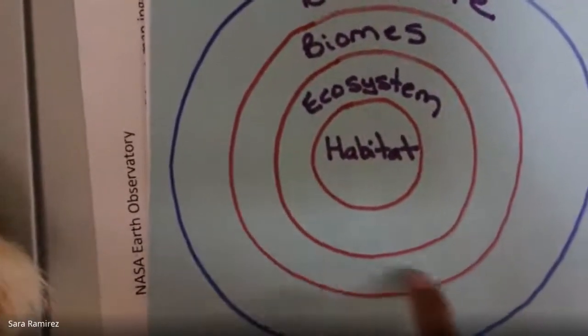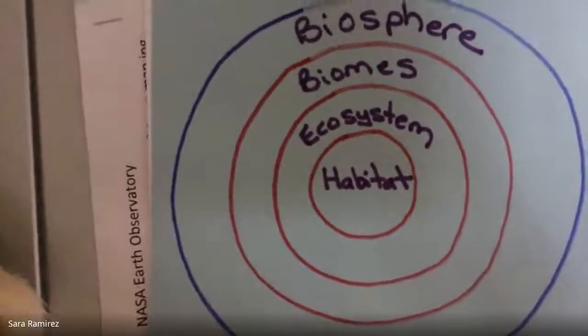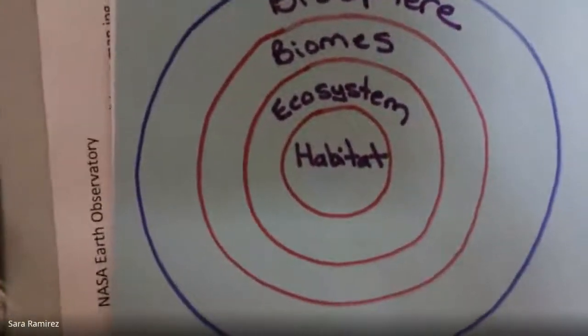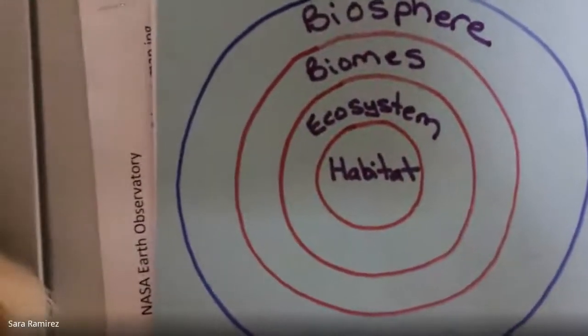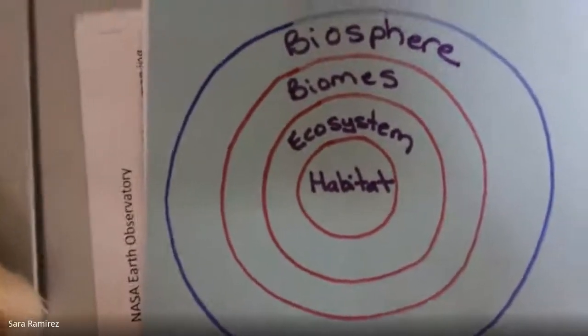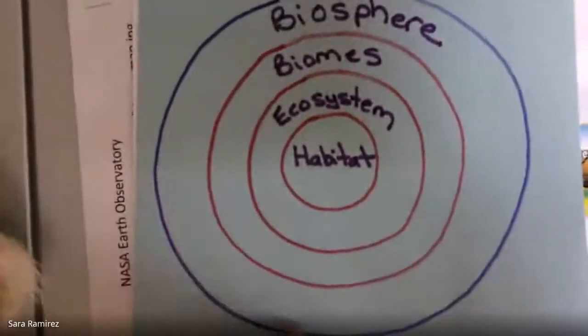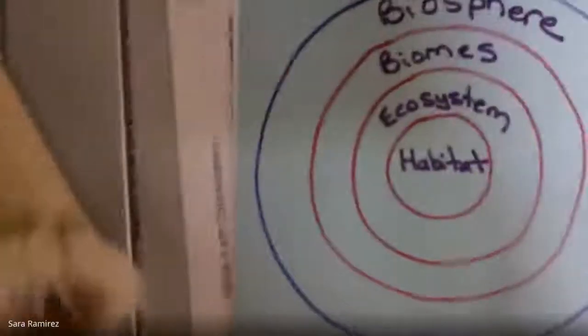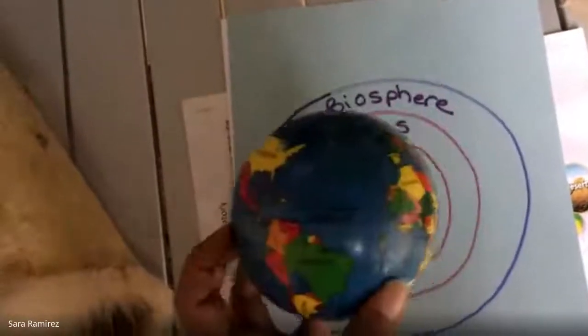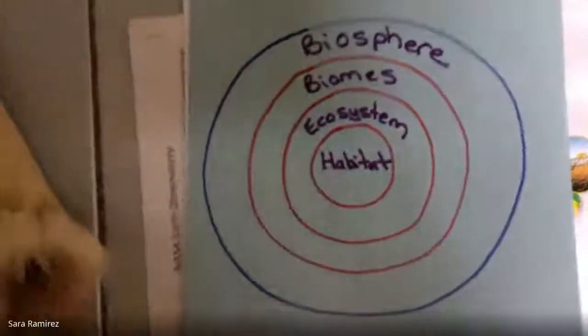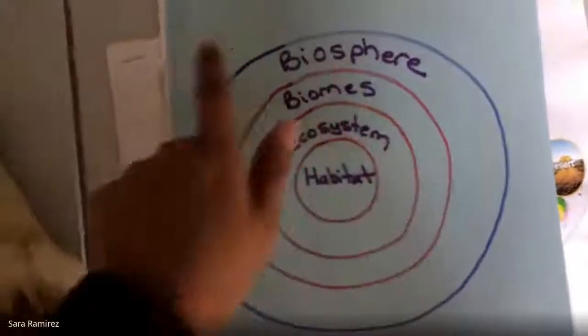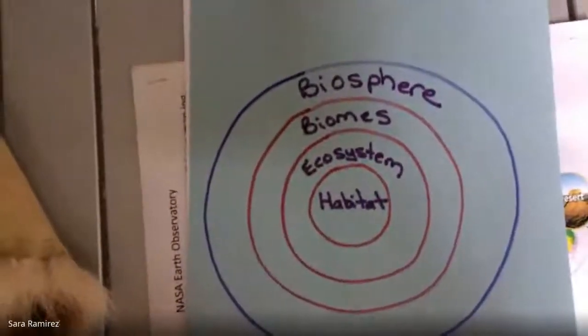Then you have biomes. Biomes consist of many different ecosystems, but they all have similar climates and latitudes. And then the biggest one of all is the biosphere. And the biosphere is simply all of the biomes put together, and we typically refer to that as planet Earth. So that is the hierarchy of organization within the Earth.